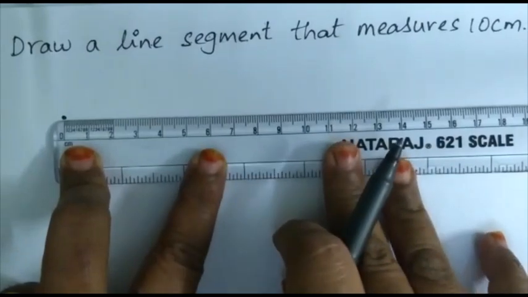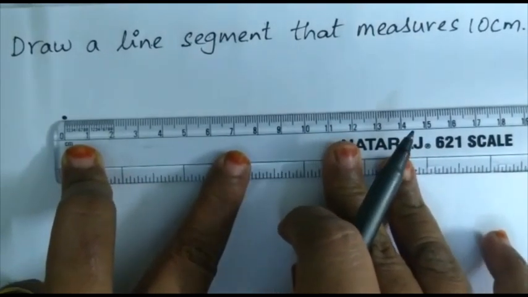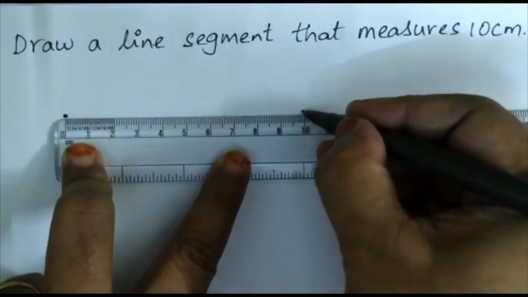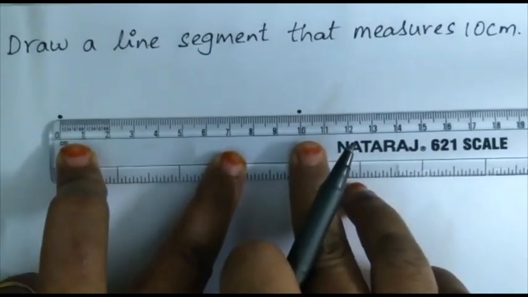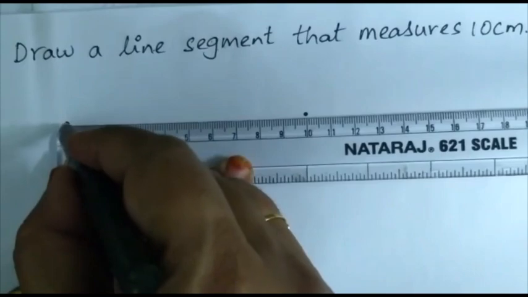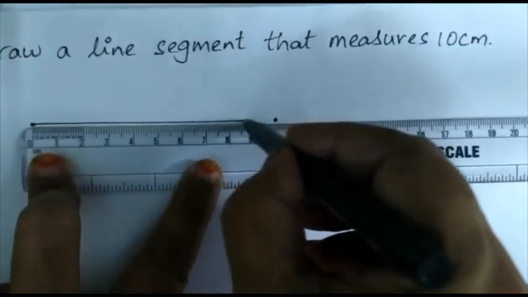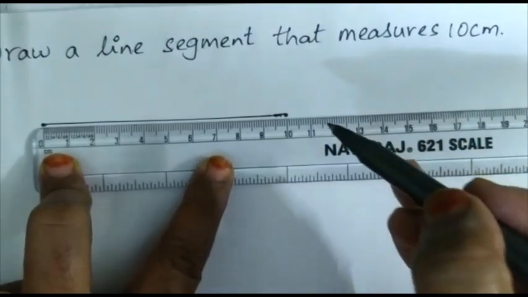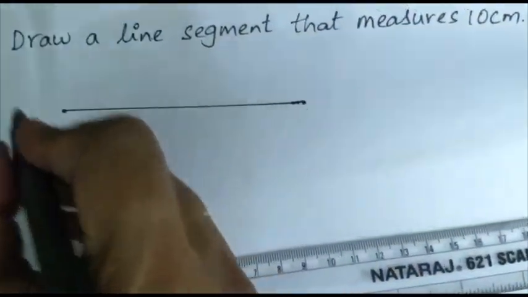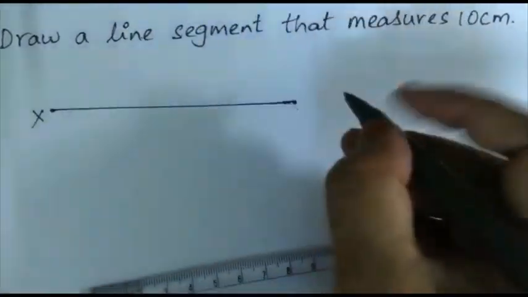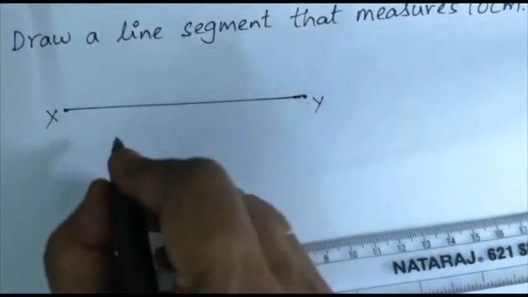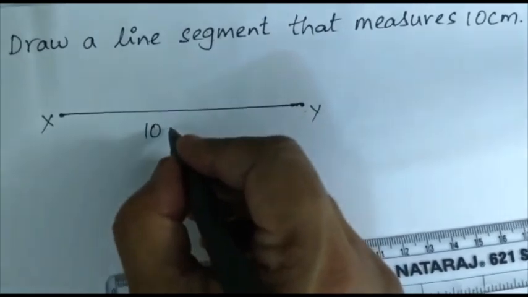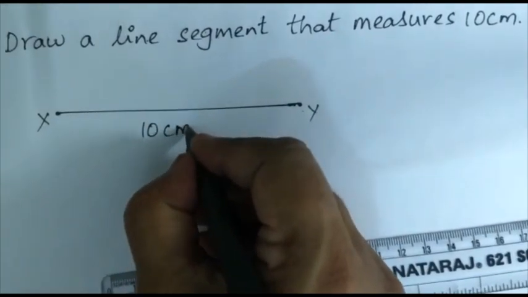Now we have to draw a line segment of length 10 centimeters. So mark another point at 10 centimeters on the ruler. Now join these two points. Now name the points X, Y. And what is the length of the line segment? It is 10 centimeters. You have to write the number along with the units.